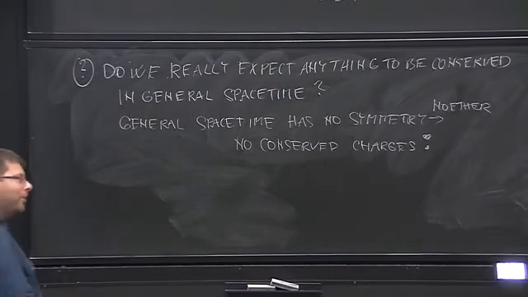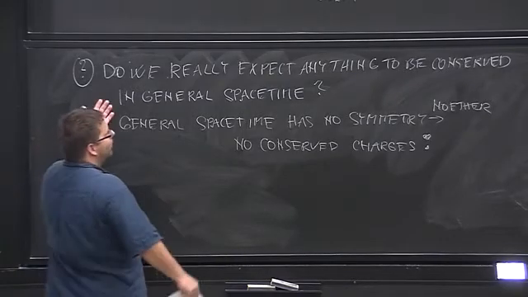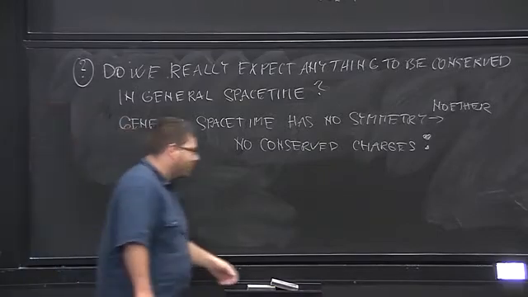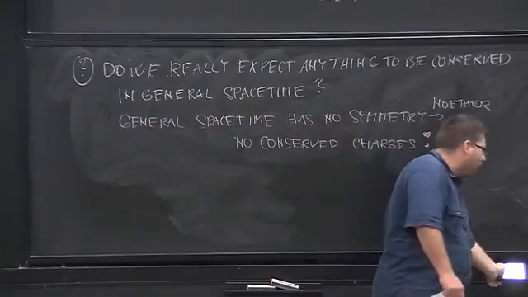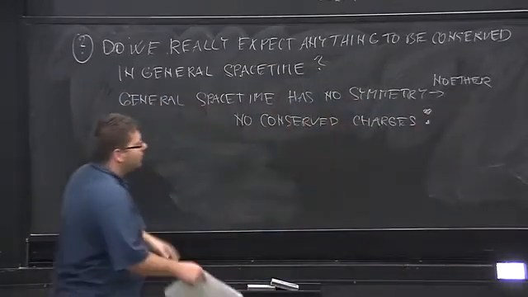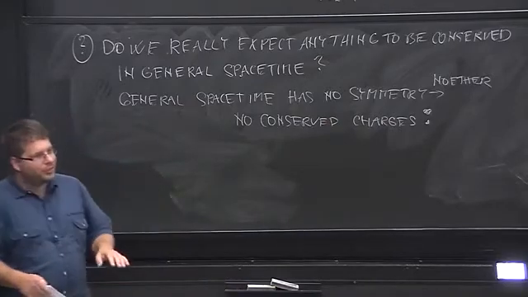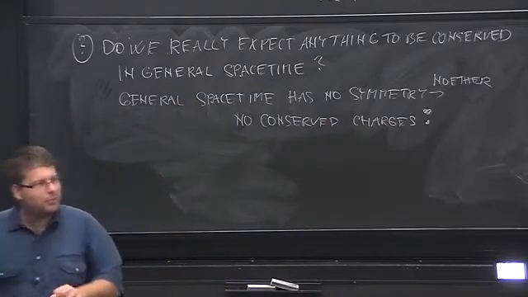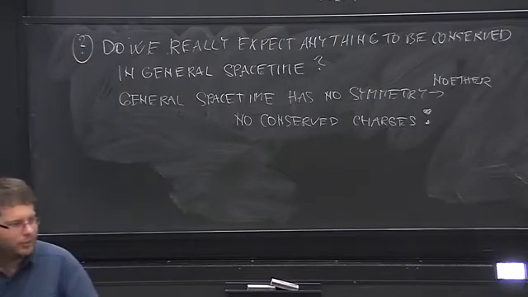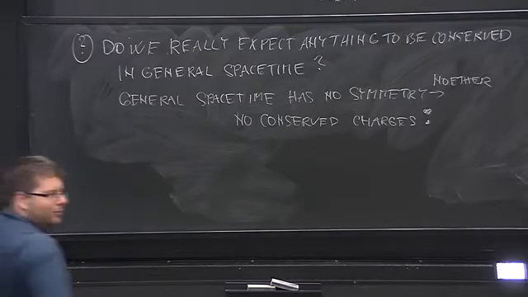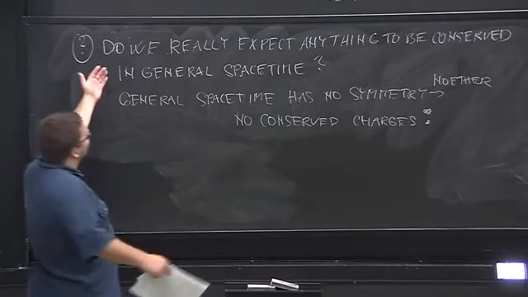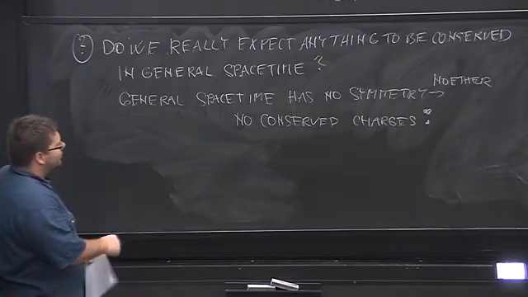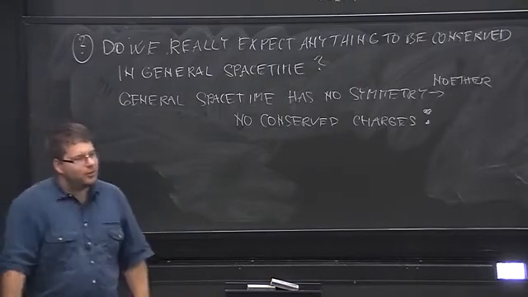All you will be learning in QFT doesn't make sense once you are in curved space, and you have to modify all the concepts. You have to modify what it means to be a particle, and you will see that it depends on the observer. Some observers will see particles, some observers will not. So the basic concepts you have to redefine in curved space. So there are no conserved charges, but okay.